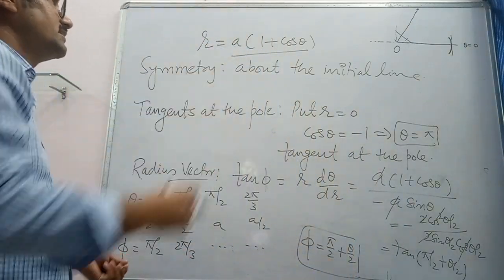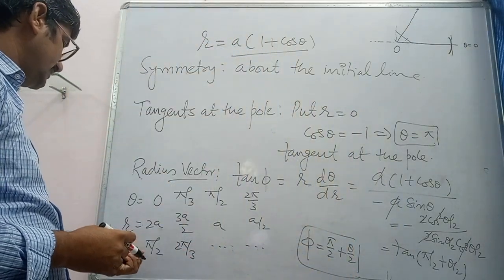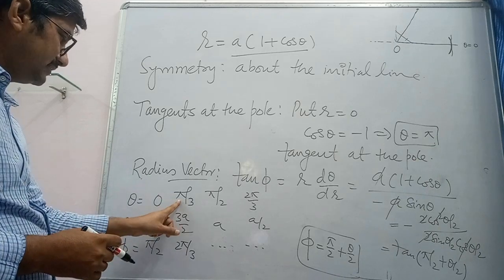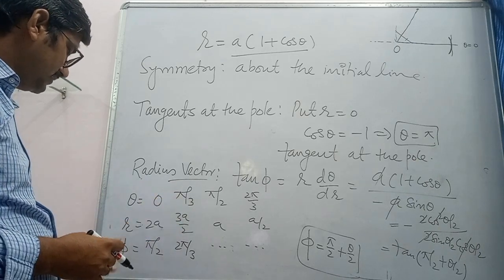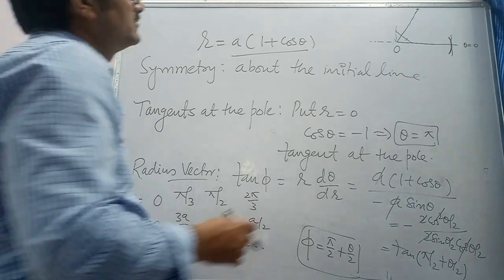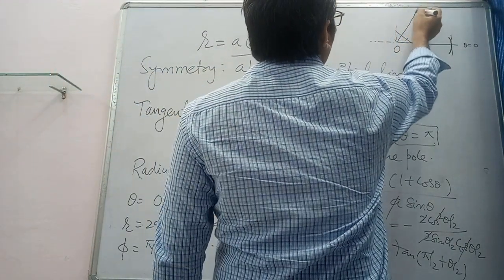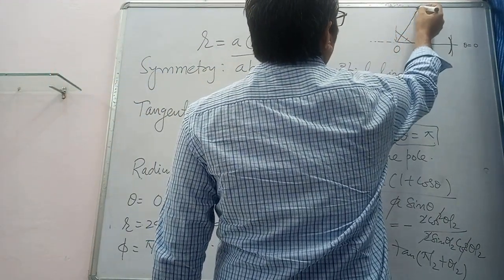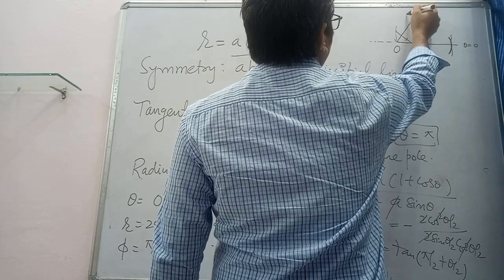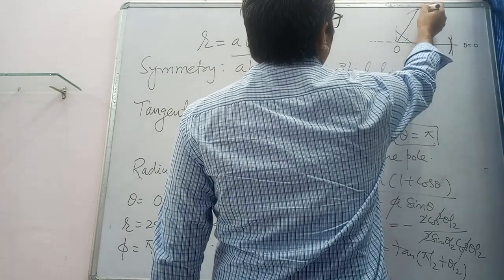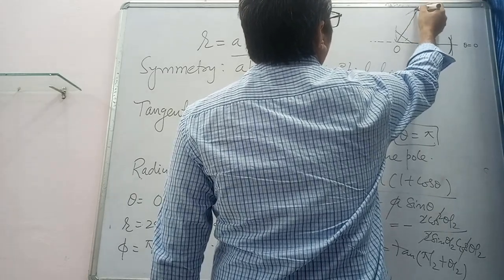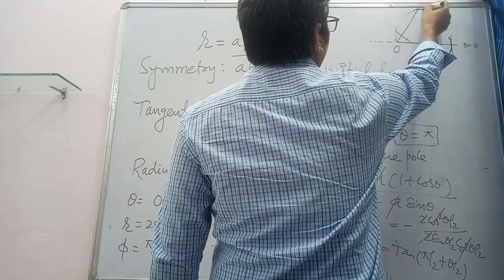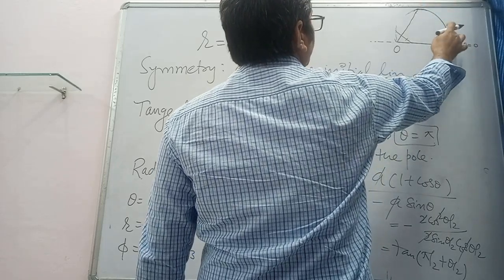We are tracing approximately, and at this theta, pi by 3, phi is 2 pi by 3, which means 120 degrees. So the angle between these is 120 degrees, and the shape of the curve will be like this.